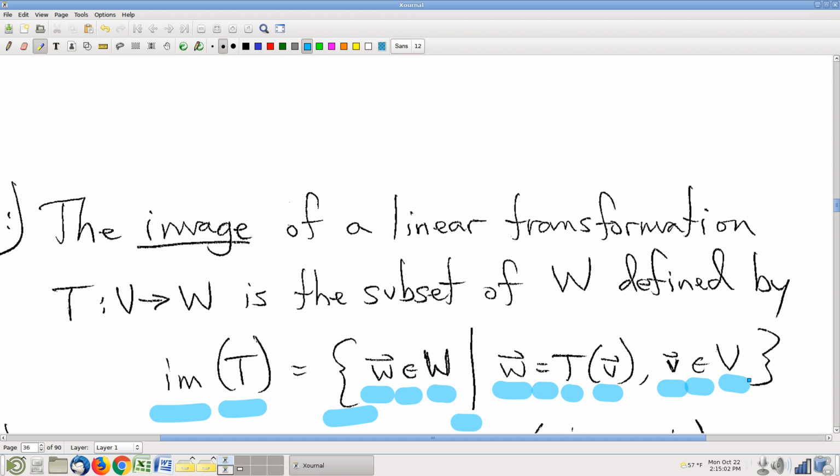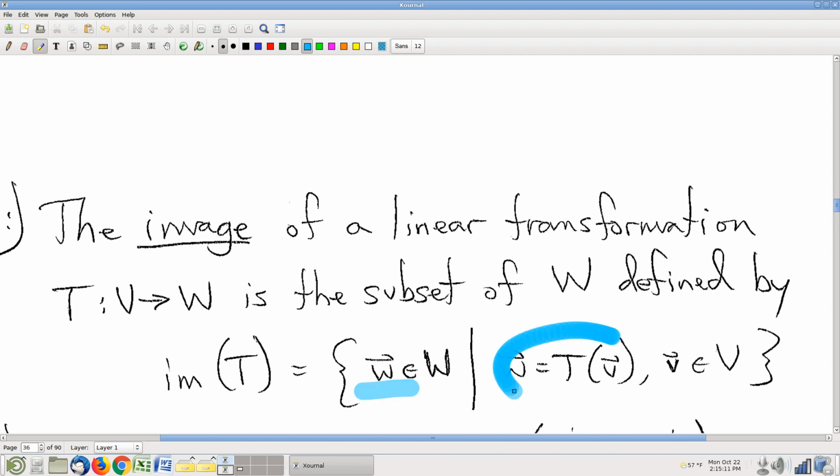Right? So the set builder notation reads straight just like English. Okay? So said differently, the image here is the collection of vectors in the target that are actual outputs, not hypothetical, allowable, potential outputs, but actual outputs from the function. Okay.